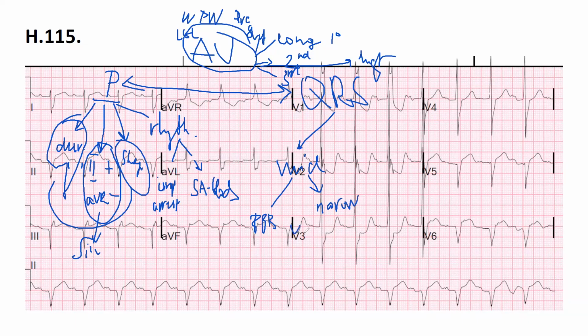You still have to look at V1 and V6, because if you do have a shape change, it can be an incomplete right or left bundle branch block. But if it's narrow, it's okay. You can calculate the axis, it's fine. And you can go for the very important one, pathological Q wave, yes?